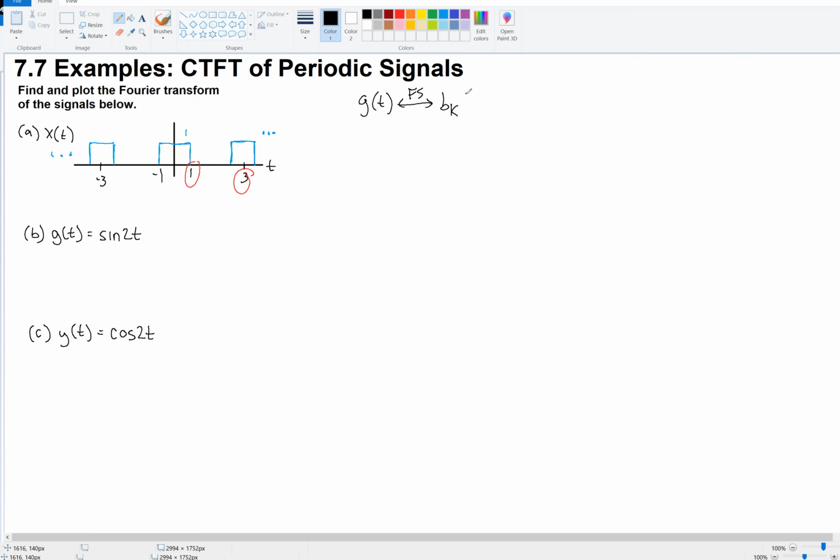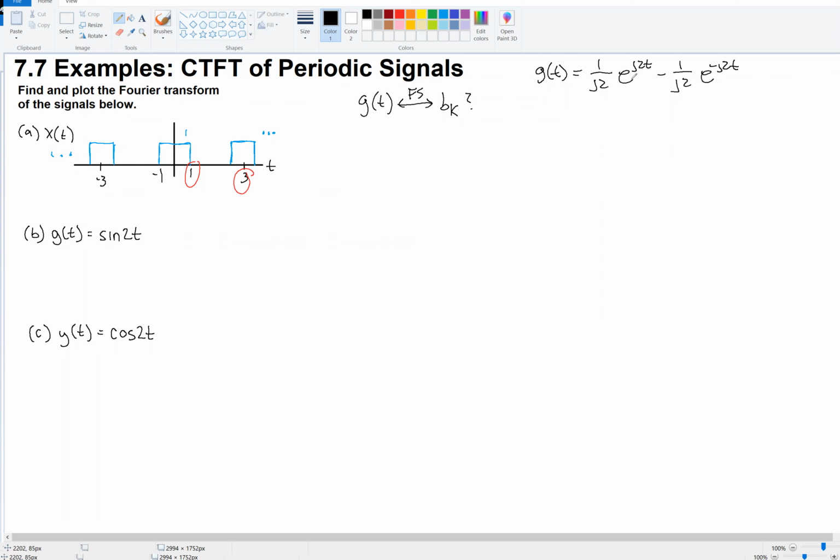So then you need to find the Fourier series coefficients. So we're looking for the b_k's, and we can find the Fourier series coefficients quickly using Euler's formula. We can write g of t as 1 over j2 times e to the j2t minus 1 over j2 e to the minus j2t.